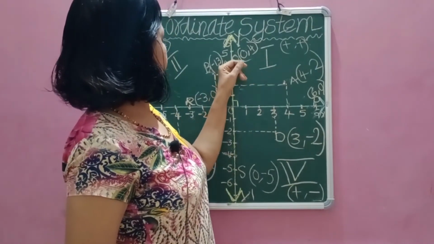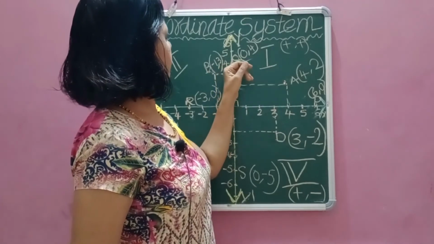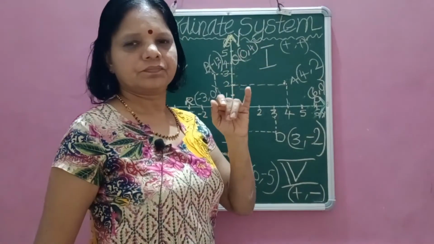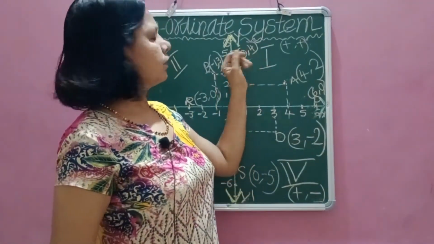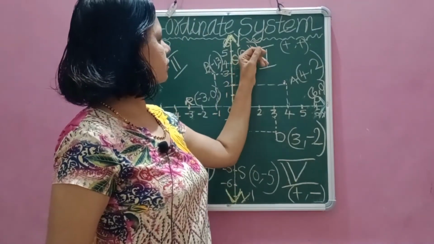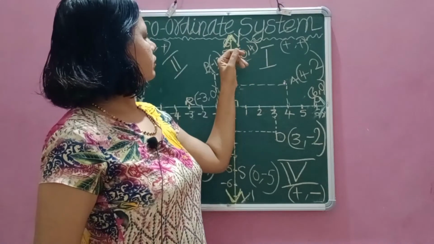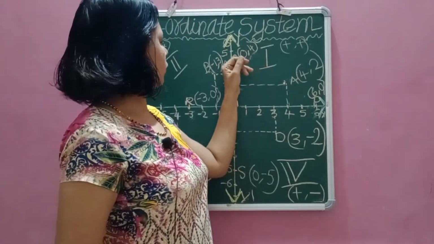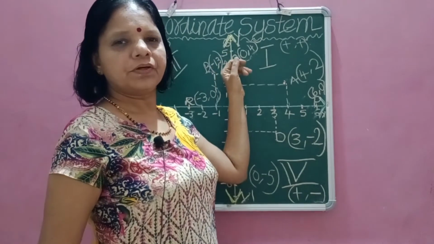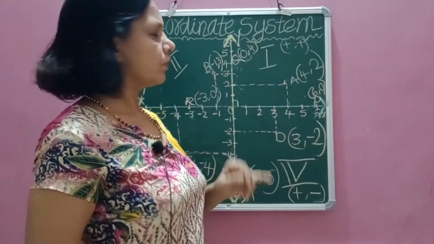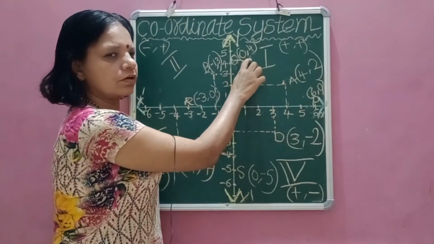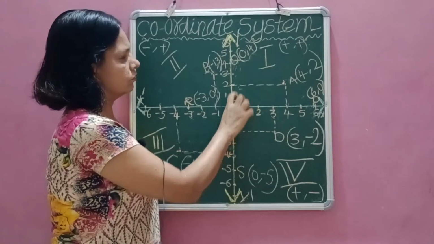Here see a point on y-axis, that is Q (0, 4). 0 is the x-coordinate and 4 is the y-coordinate. That is, this point is on the number 4 of the y-axis, and the x-coordinate is 0.